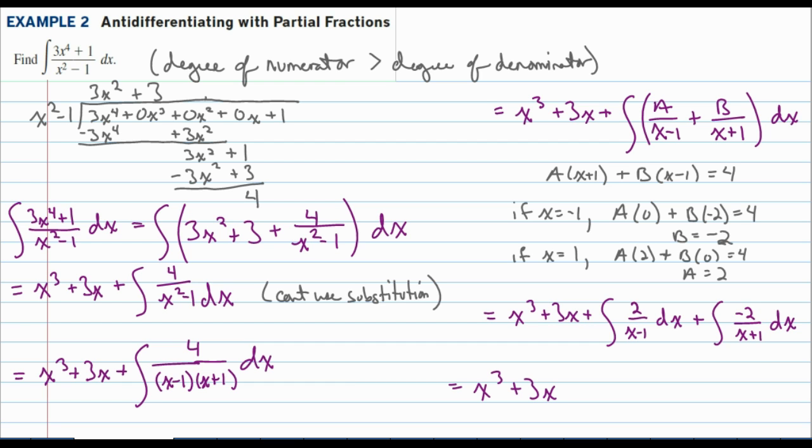I have x cubed plus 3x left over from back here when I took the antiderivative of those two terms using the power rule. Now the antiderivative of 2 over x minus 1 is, I can bring out the 2 as a coefficient, and that's the natural log of the absolute value of x minus 1, and then minus 2 times the natural log of the absolute value of x plus 1, and of course, don't forget your plus C.